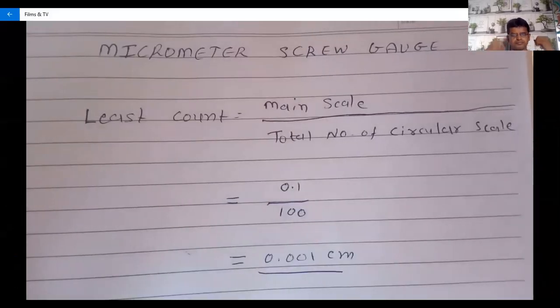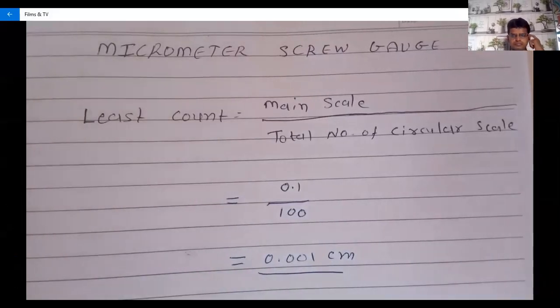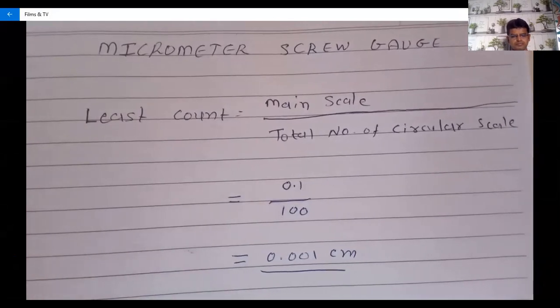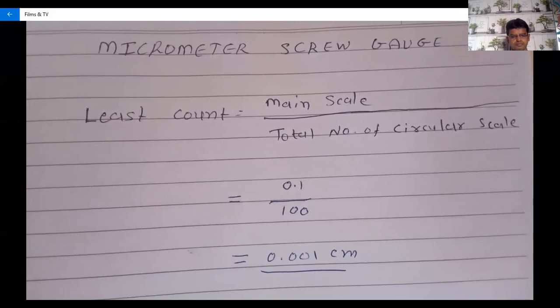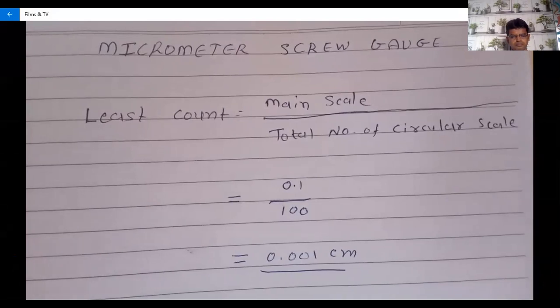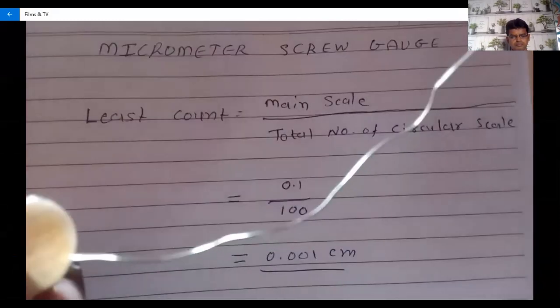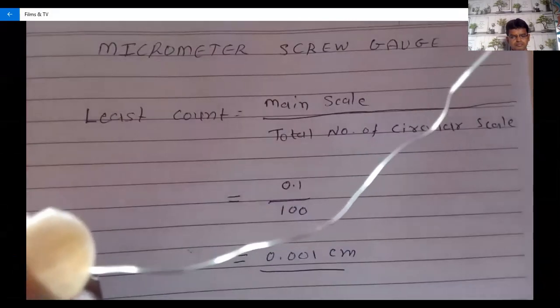Welcome to all. Today we are showing a live demo of practical number two. Last time we showed practical one, the vernier calipers, and with the help of vernier calipers we found the radius and the diameter of the given object. Today, in the same way, we find the radius and diameter of this thin wire.